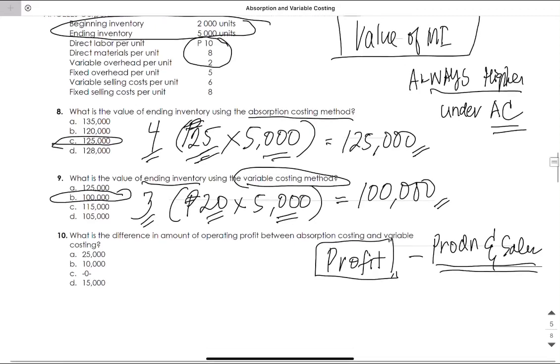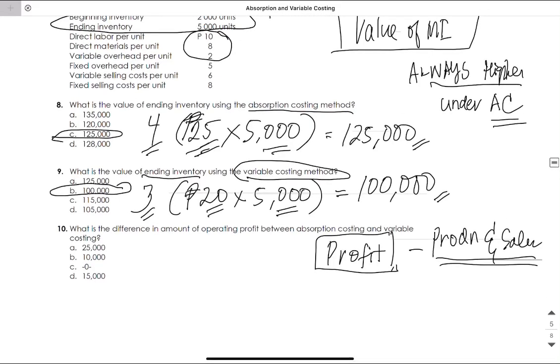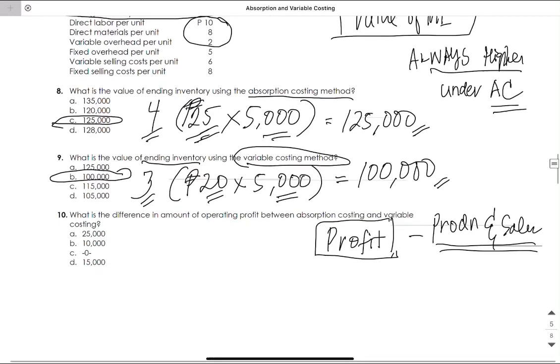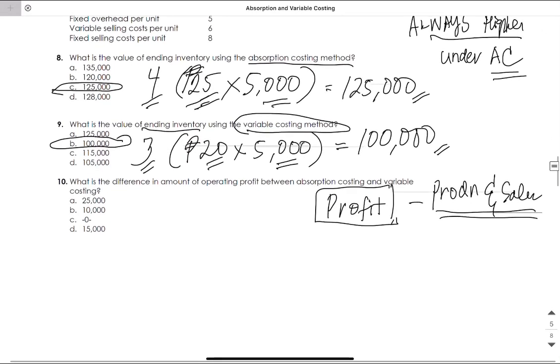In number 10, the question is, what is the difference in the amount of operating profit between absorption costing and variable costing? So we are not after the computation of net income under these 2 costing methods, but the difference only. The difference is your reconciling item. I have already taught you the difference between the variable costing income and the absorption costing income.